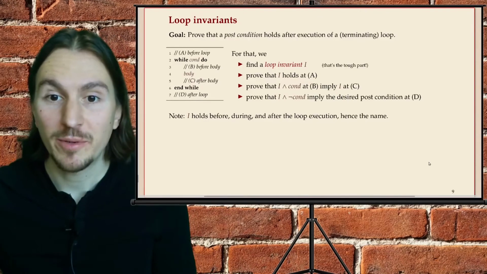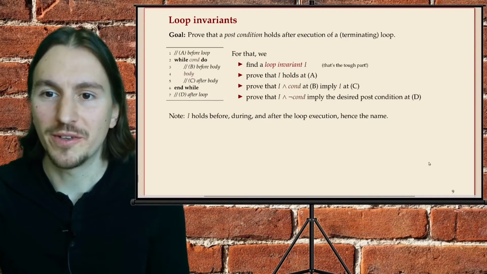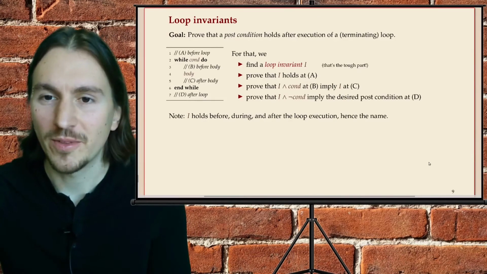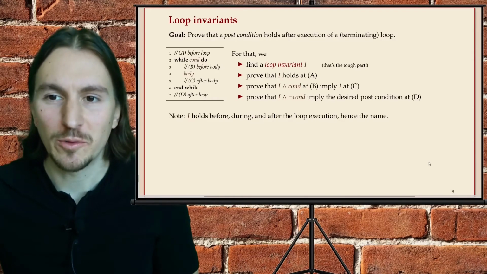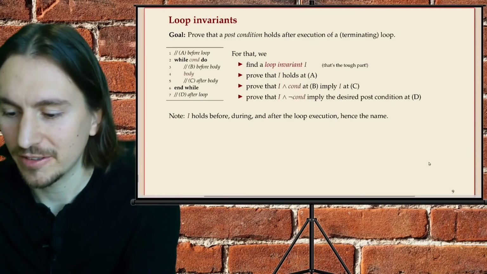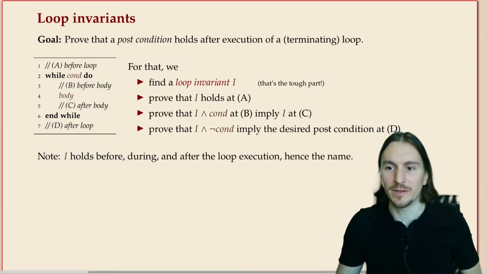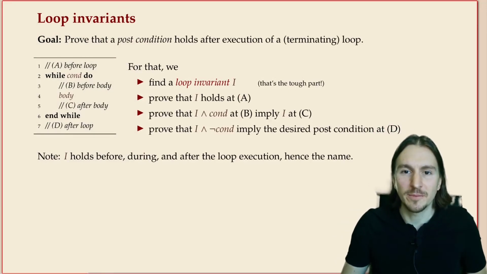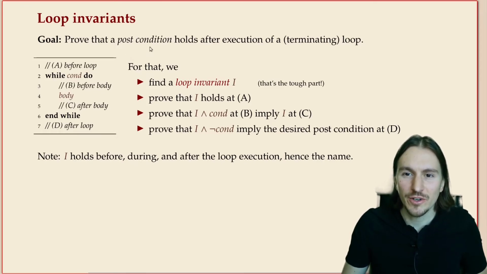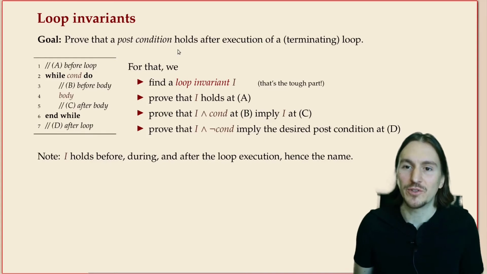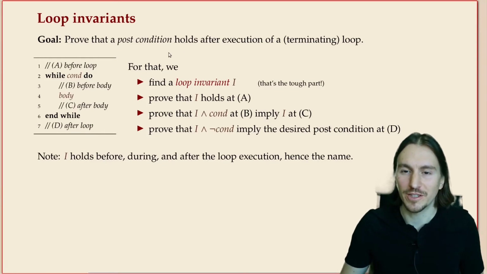On the second part, proving that the output is correct, I want to show you one specific technique that often helps for that. And that's called a loop invariant. So here the setup is there's a certain condition that we assume is true before the code runs.